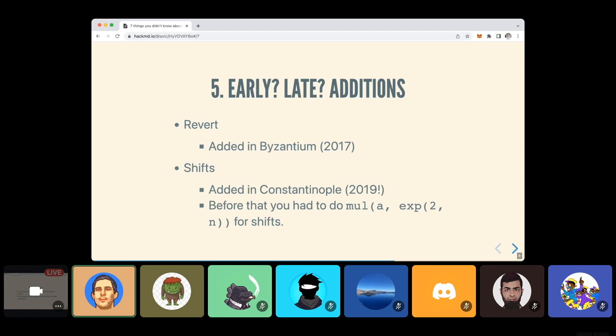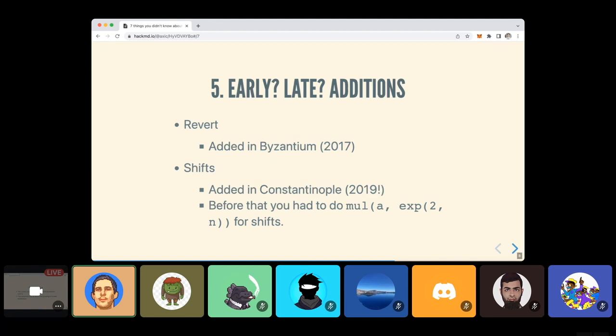And then invalid was the same, but at least you didn't have to use workarounds. But with revert, it allowed two improvements. Suddenly, it wasn't using up all the gas, and you could also return some data. You can imagine that before this opcode, it was kind of impossible to understand what is going on without tracing.